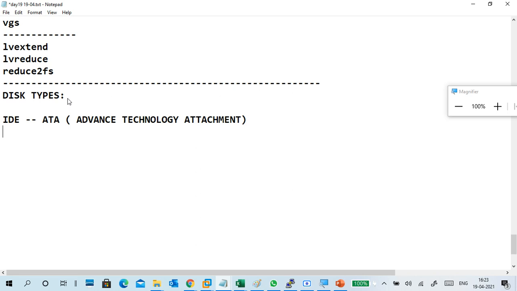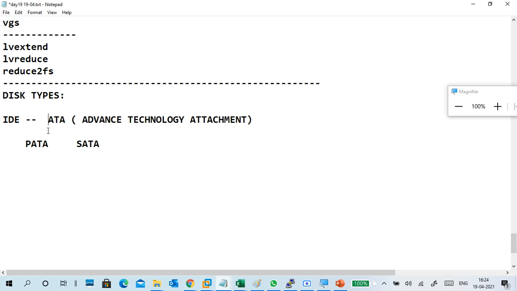IDE is Integrated Drive Environment. In the ATA technologies, two technologies came up: one is PATA, later SATA. But all are IDE based technologies only.